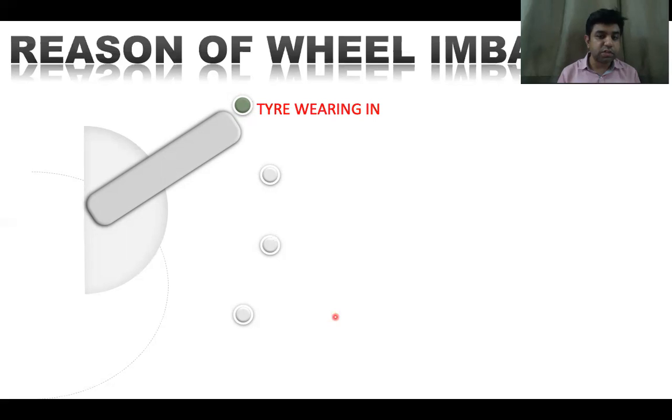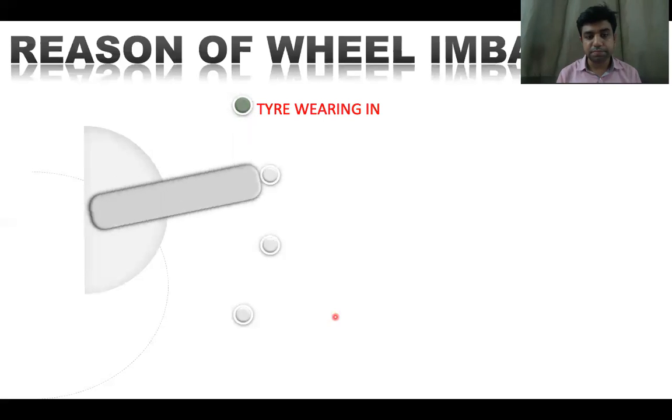If we run the vehicle for a longer time duration without balancing, then the tire will wear out, and that also results in wheel imbalance. This might also happen due to running the vehicle in some off-road condition for a longer time duration. Then also the tire will wear out faster and can result in imbalance of the wheel.